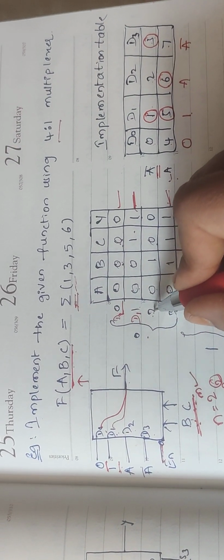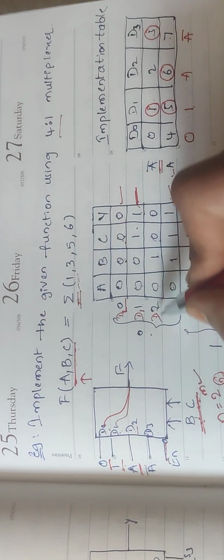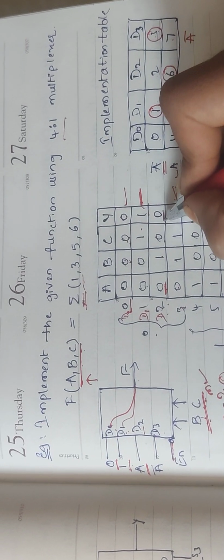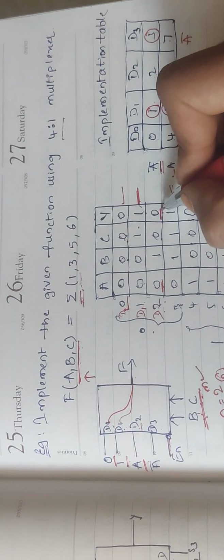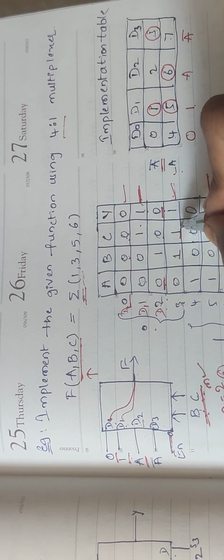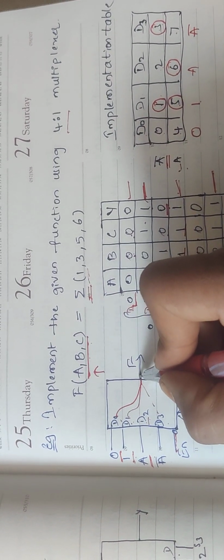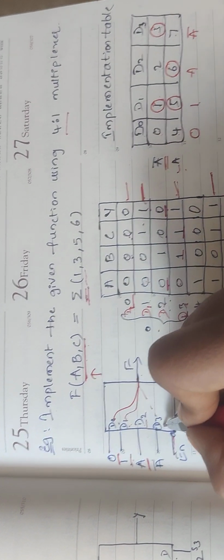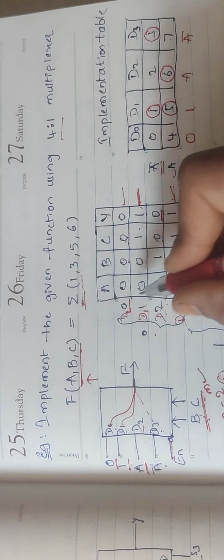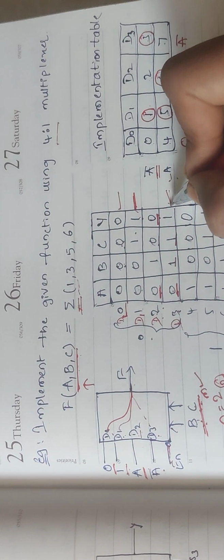Then D2 is connected, so the value of D2 is A. The value of D2 is A, that is 0, and the Y value will be 0. Now the B value is 1, C value is 1. Then the D3 line is connected to the output. Then the value for D3 is A bar, so the value of A is 0. Then the complement of A is 1.